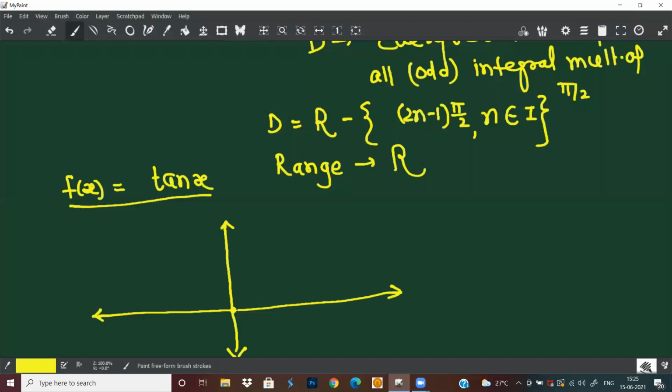You know, tan 0 is 0. This is π/2. This is 3π/2. बस है, 2-3 लिखा है इधर और 2-3 लिखा है उधर.